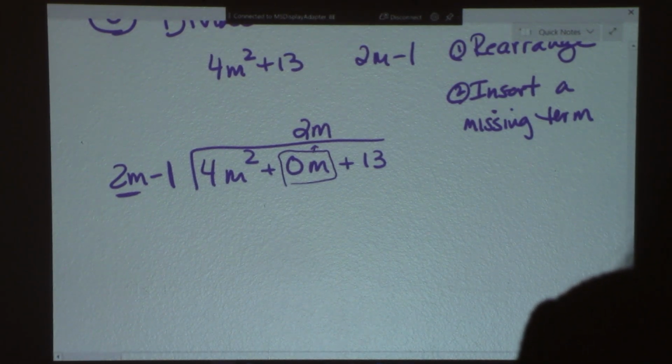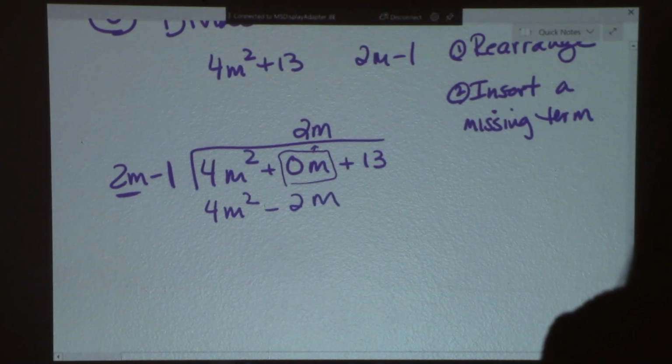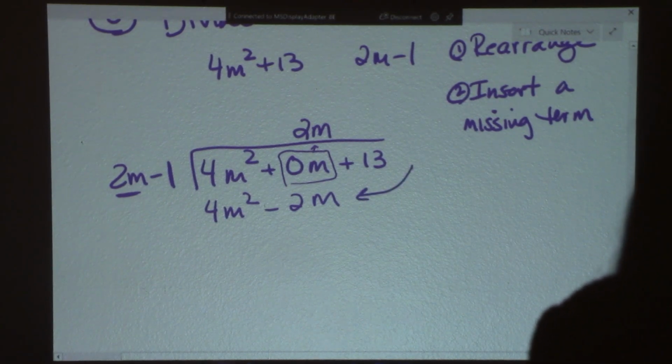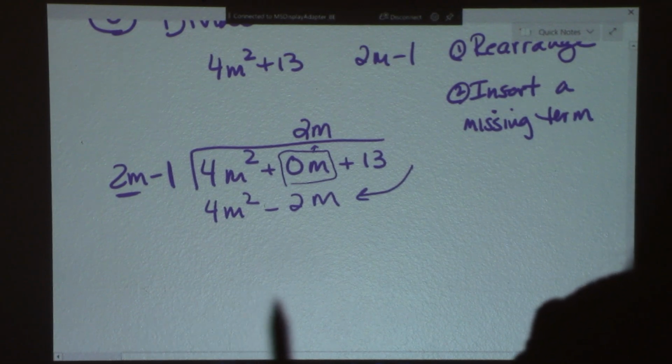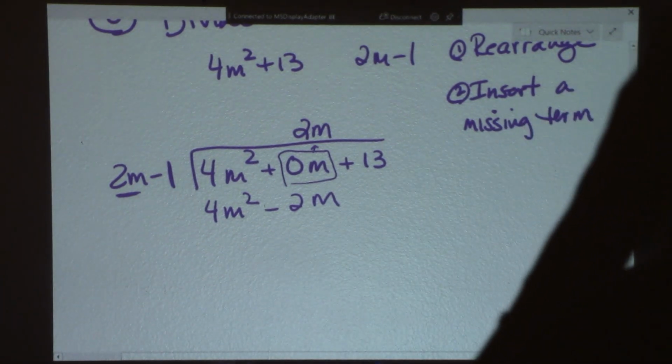So now I'm going to work it out. 2m times 2m is 4m squared, and 2m times negative 1 is negative 2m. See, now I'm using it even down below, because I have an m term now when I'm dividing out, and I have to know what to do with that. I have to have a place to write it down.